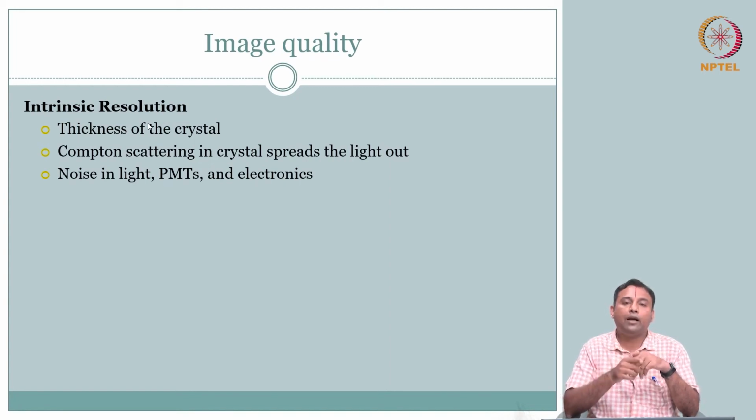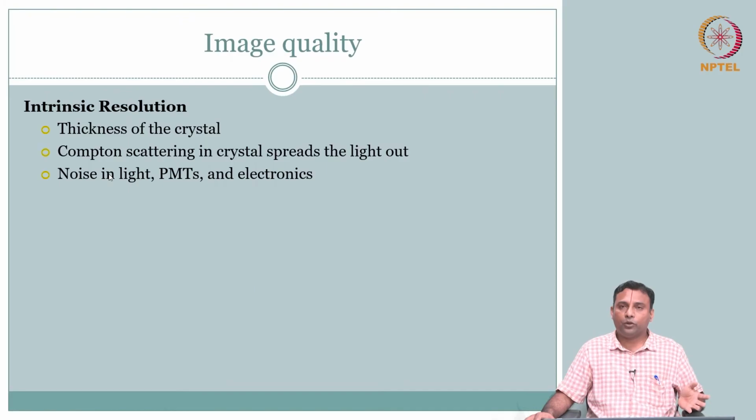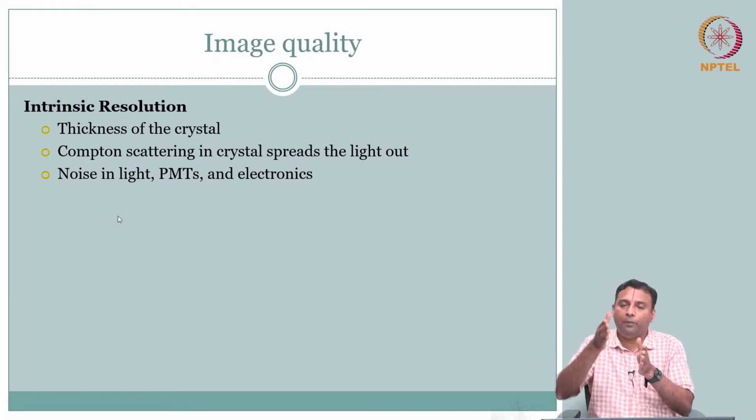That is where you have the effect of intrinsic resolution. All this contributes to that. In some sense this is slightly different from projection radiography, because there, the equivalent of this is the thickness of the intensifying screen, which had a role in spoiling the optical film.